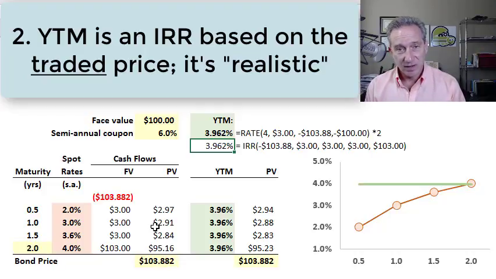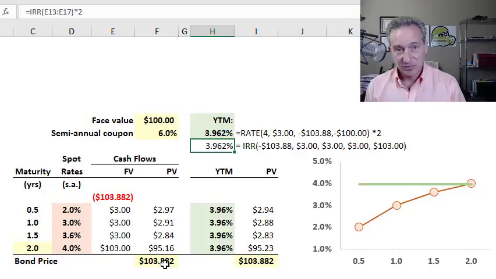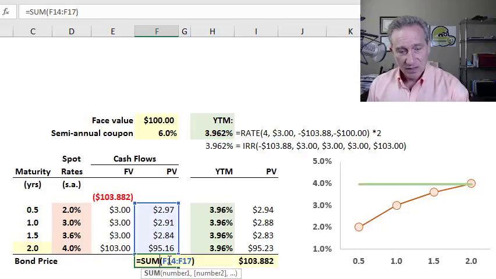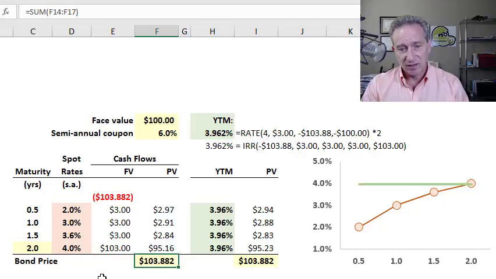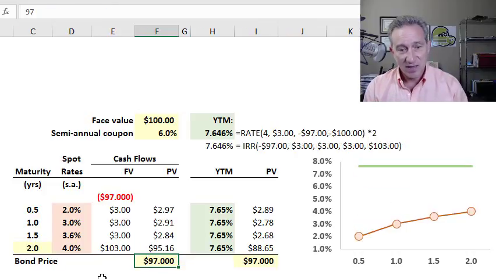The theoretical bond price is just based on these fundamental factors, but the actual traded or observed bond price is also subject to what we might call technical factors, or sometimes market factors, including my favorites: supply, demand, and liquidity. So, for example, let's say technical factors, I'm going to be very dramatic, caused the bond price to just plummet down to $97.